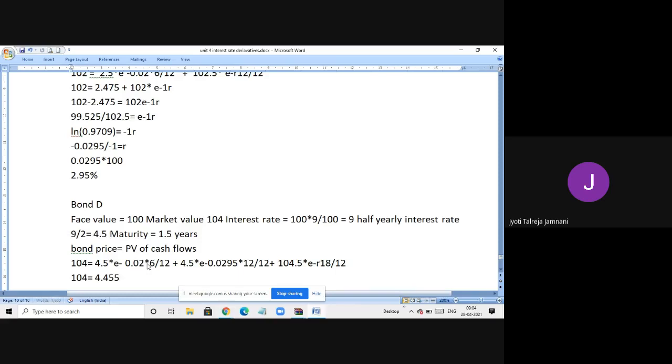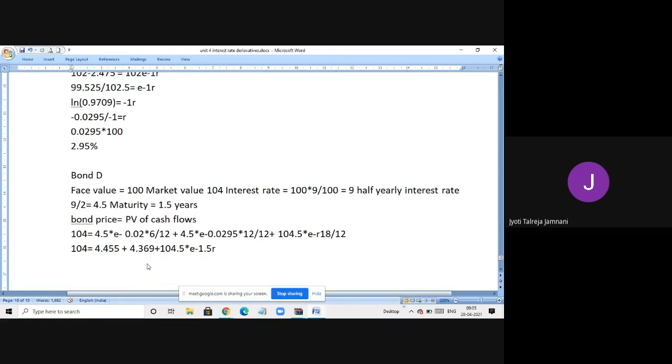4.455. Just check whether any of you is getting another answer. The second time, when you solve 4.5 into e raised to minus 0.0295 into 12 by 12, you get 4.369, plus the last one, 104.5 into e raised to minus 1.5 r. 18 by 12 is 1.5.